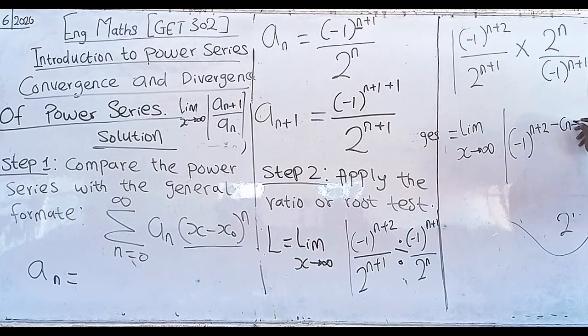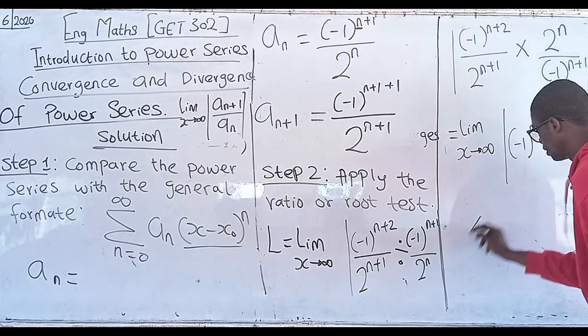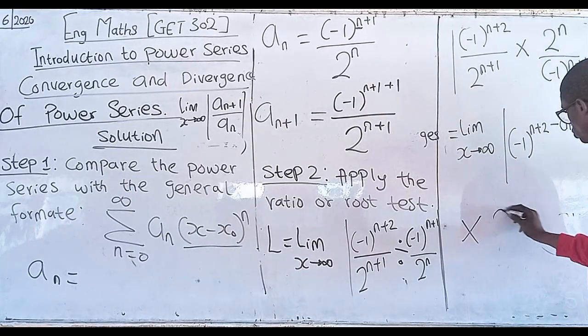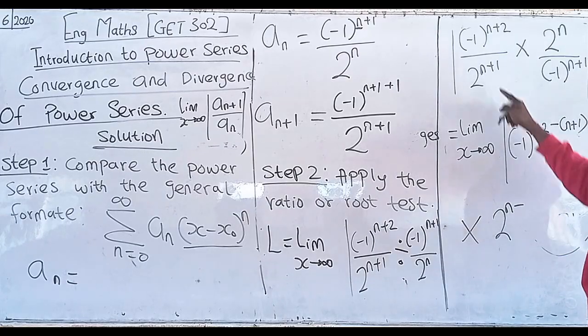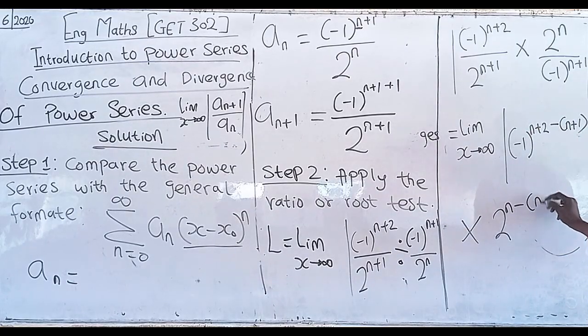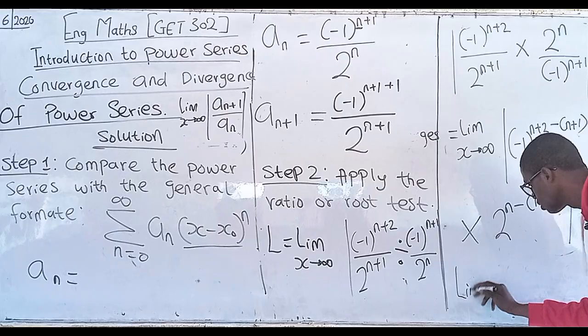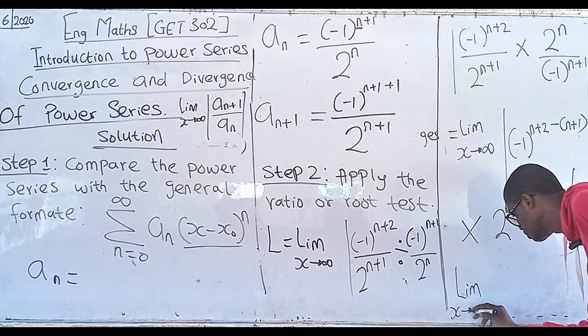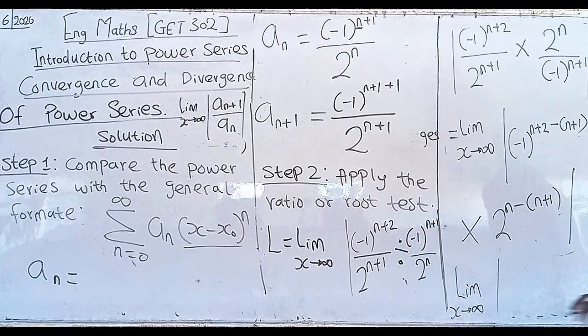Everything multiplied by 2^n minus the one down, (n+1). So we are looking for the absolute value, so we have the limit as n approaches infinity of what?